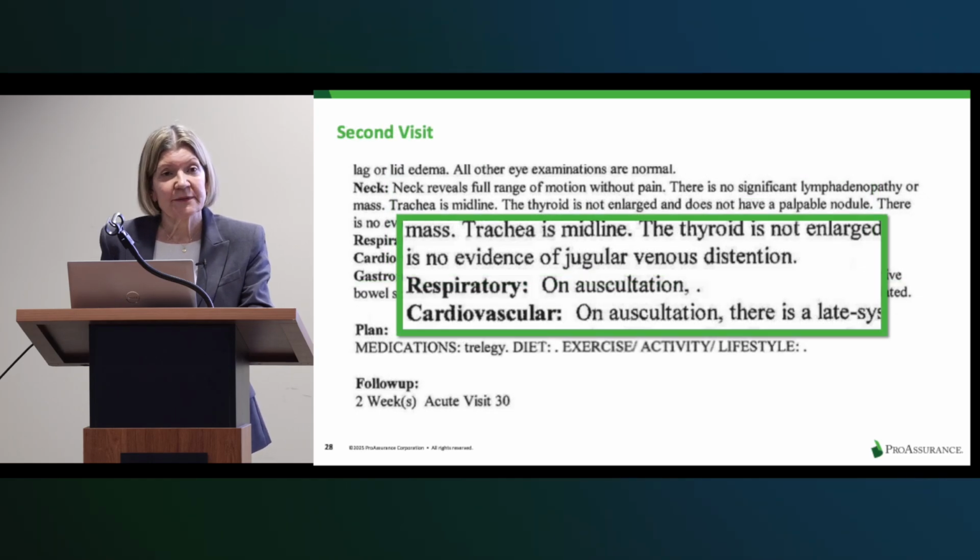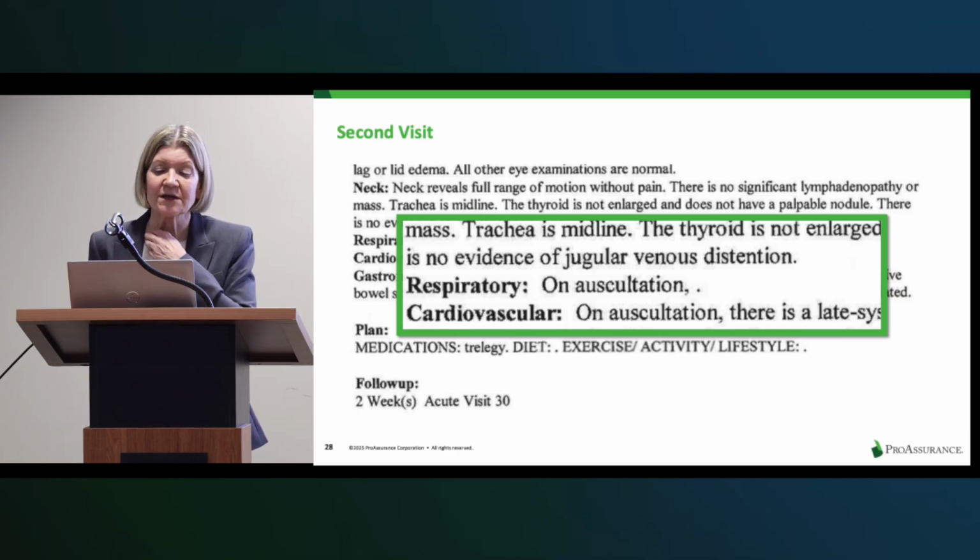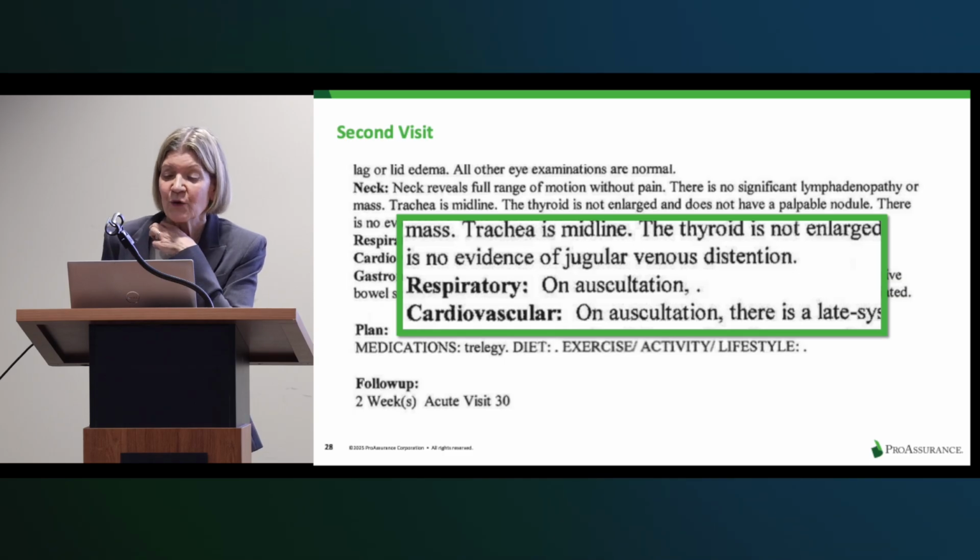Here's the physical examination note from the second visit, or the second from the last. Here's the note for the respiratory section. And unfortunately, we have another incomplete entry. And if you notice, the entry in this second visit is identical to the entry in the first visit. They both state "on auscultation, comma, space, period."